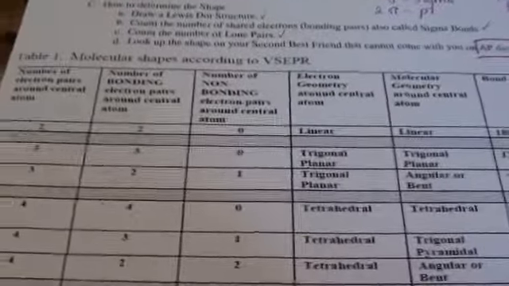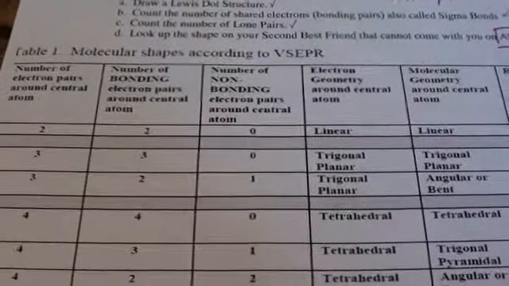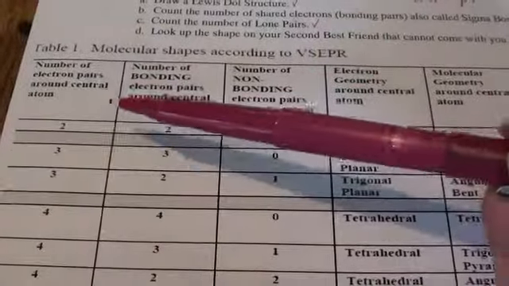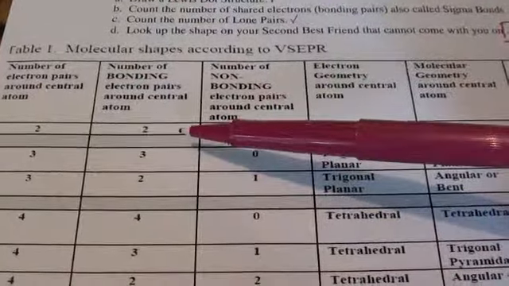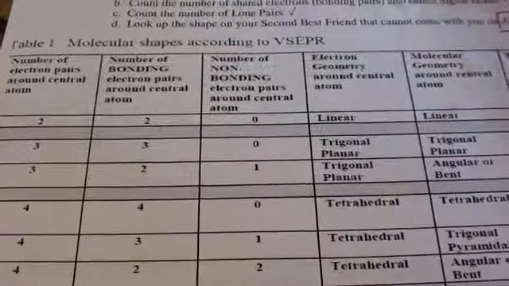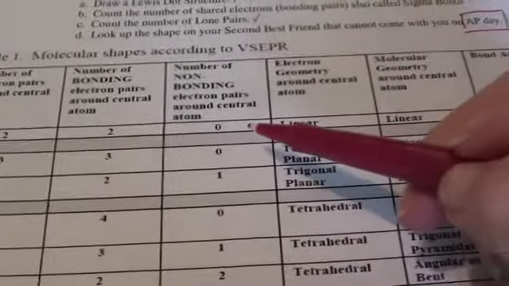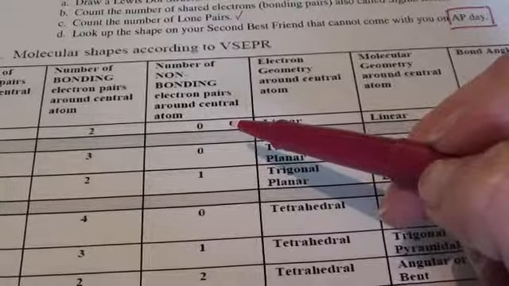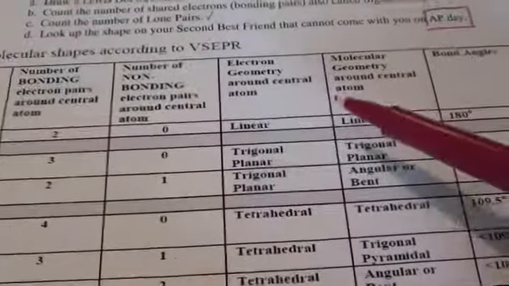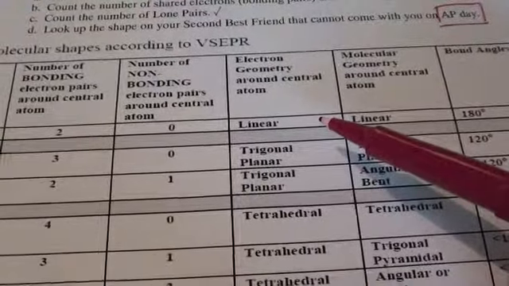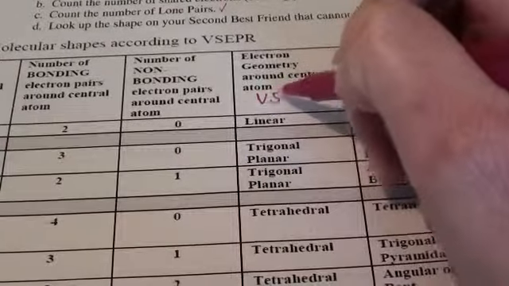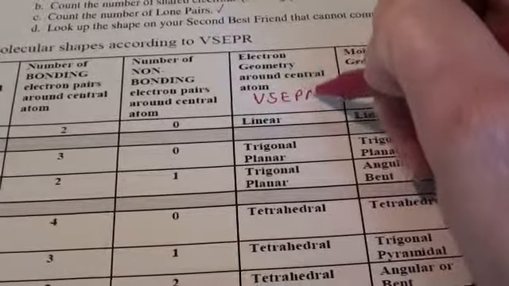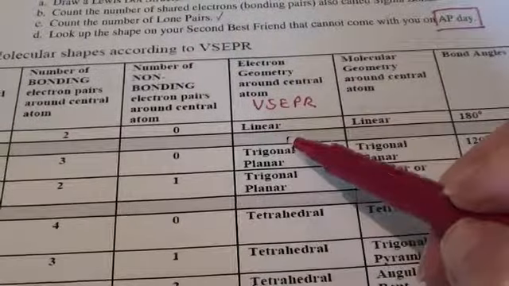Therefore, according to your chart, the number of electron pairs around the central atom is 2. The bonding pairs, or sigma bonds, is 2. The number of non-bonding or lone pairs is 0. Therefore, the electron geometry, this would be VSEPR, is linear.